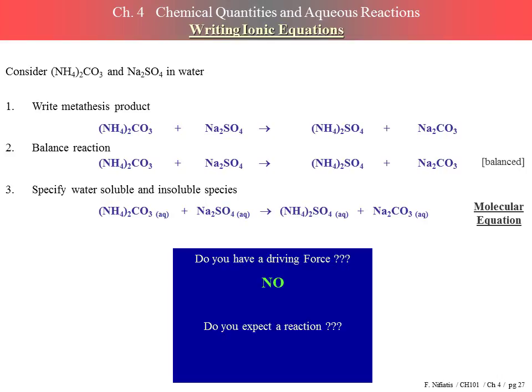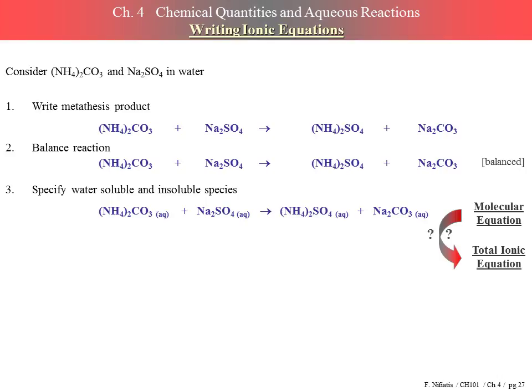Do we have a reaction? Do we have a net reaction? The answer is no. We are going to see very soon that everything is going to be a spectator ion, and then the net ionic equation is going to be empty. Let's do it. How can we go from the molecular to the total ionic equation? Well, we are going to break apart the strong electrolytes.